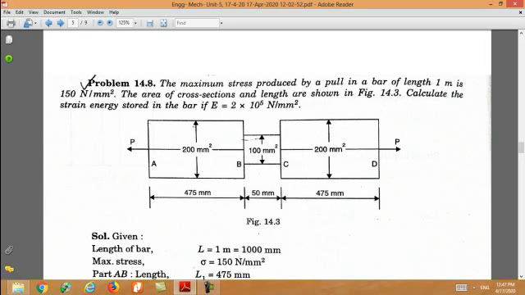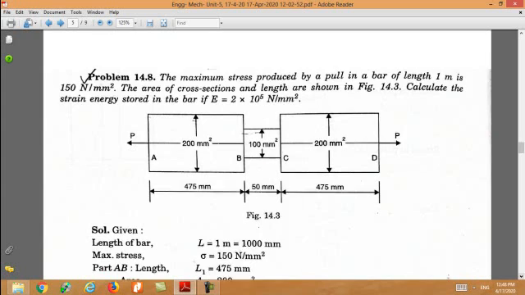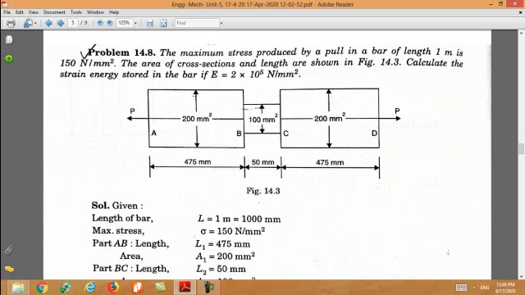The area of cross section and lengths are shown in the figure. Calculate the strain energy stored in the bar if E is equal to 2 into 10 to the power 5 Newton per millimeter square. So student, you are seeing that the maximum stress is given.